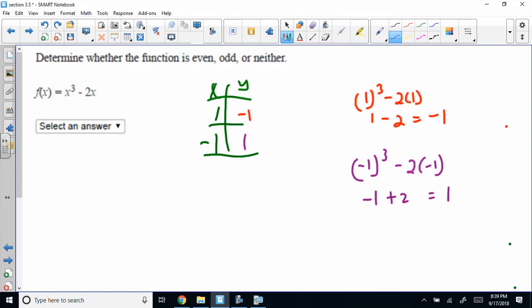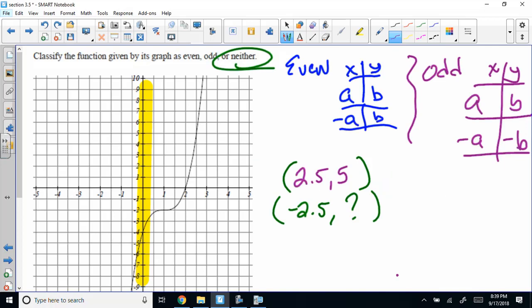Okay, well, let me go back and explain it. Don't think a negative has to go with a negative, okay? On this right here, on the odd, x and its opposite has to have outputs that are the same, but opposites.